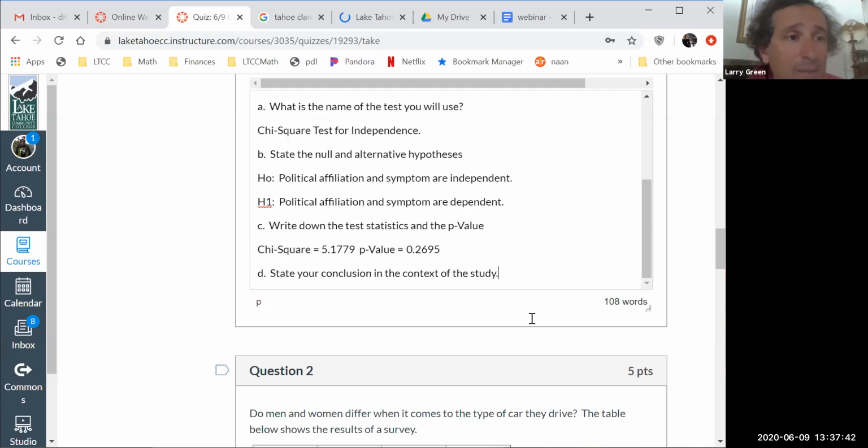Yeah, if you do it by columns, you get the same number. Okay, something I mentioned, what I'm not going to do, and you probably don't want me to do, is to prove that mathematically. But that could be proven that you get the same number. And it makes sense, is that if political affiliation and symptoms are independent, well, then symptoms and political affiliation are independent, right?